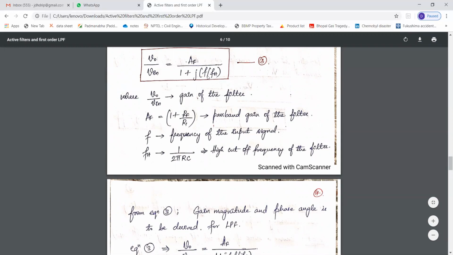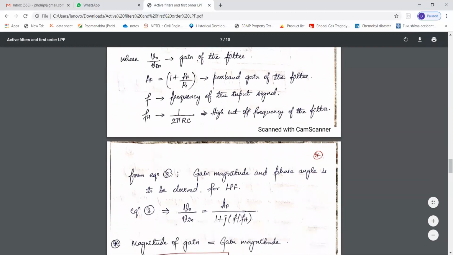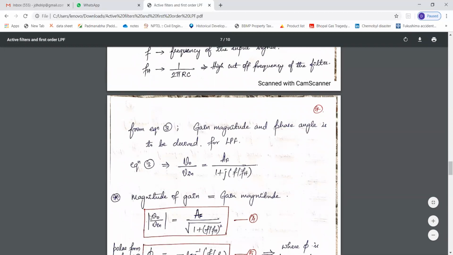The magnitude of gain is, this itself is the gain of the filter. So the magnitude of gain is equal to AF divided by the magnitude of this term. We have an imaginary term here, A plus JB, you can consider it as. The magnitude of this is given by the square root of A square plus B square. So A is 1 and B is F by FH. So the square root of 1 plus F by FH whole square.